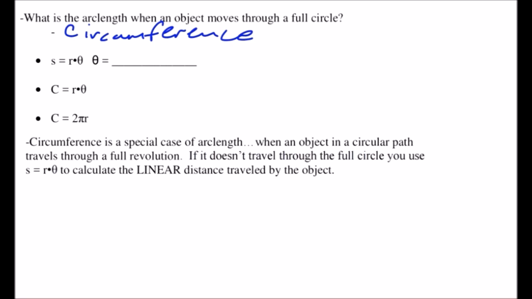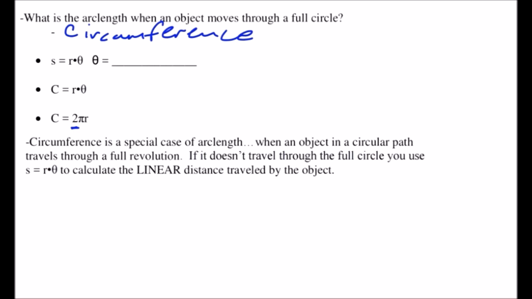The circumference is a special situation of the arc length equation. Circumference was equal to 2 pi r, right? The 2 pi right there in that equation, that's theta in terms of radians.